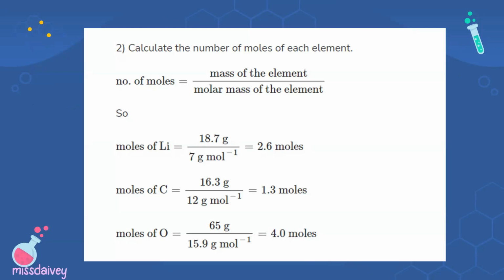For carbon, the moles of carbon is equal to 16.3 grams from the given, and the molar mass of carbon is 12 g/mol, which equals 1.3 moles. And for oxygen, the mass of oxygen from the given is 65 grams divided by the molar mass, which is 15.9 g/mol, and the answer is 4.0 moles.